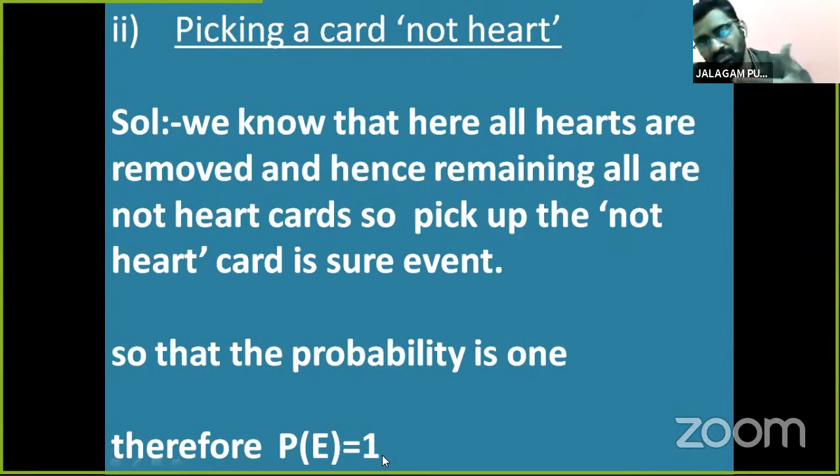So we can do it like this. The probability of picking a card not heart is a sure event, that's why the probability is 1.